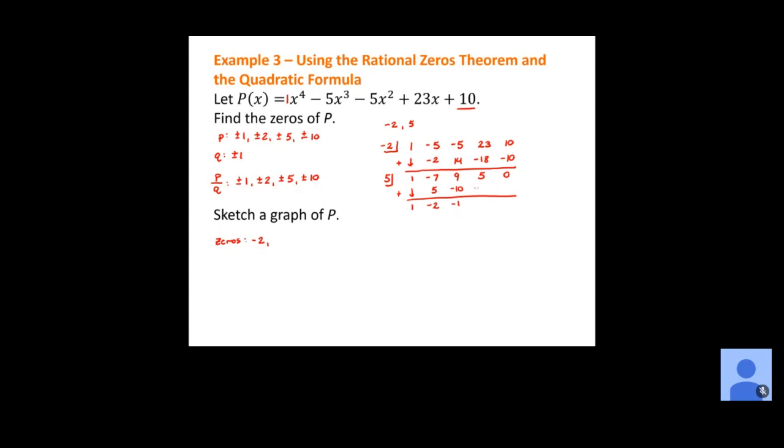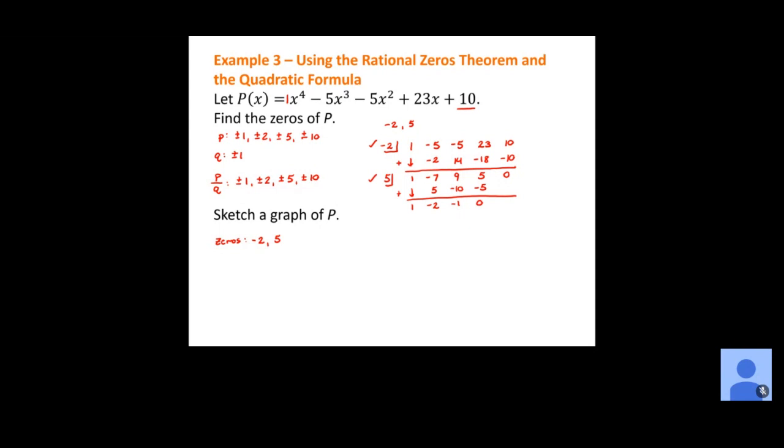Negative 1 times 5 is negative 5. And then 5 plus negative 5 is 0. And so again, what does that tell us now? Good. 5 is a 0. So in my list of zeros, I can put 5. So both of these work.